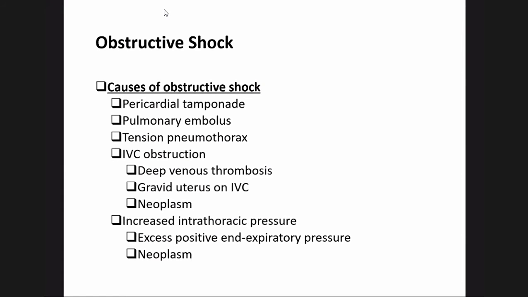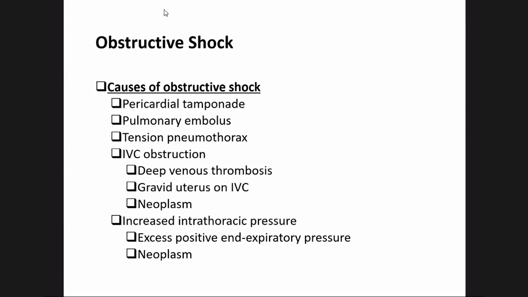Then we have obstructive shock. Causes of obstructive shock are pericardial tamponade, pulmonary embolus, tension pneumothorax, IVC obstruction, under IVC obstruction we have deep venous thrombosis, gravid uterus, and IVC neoplasm. And then increased intrathoracic pressure.